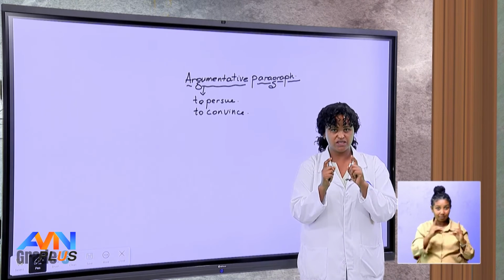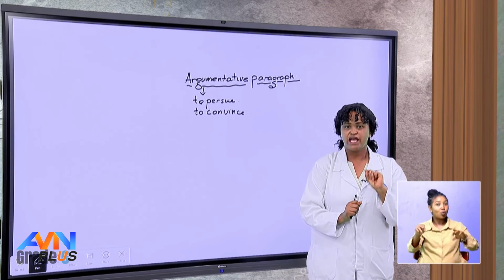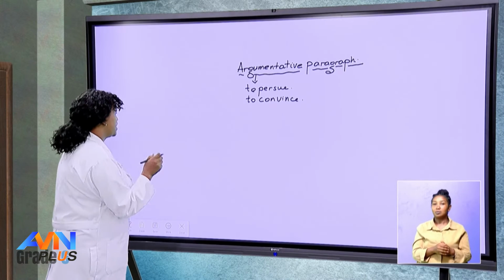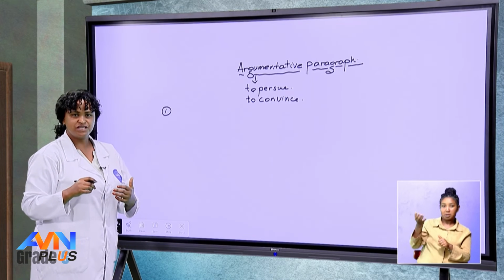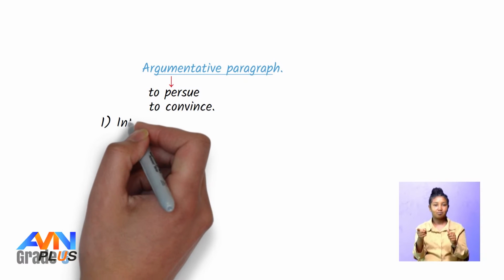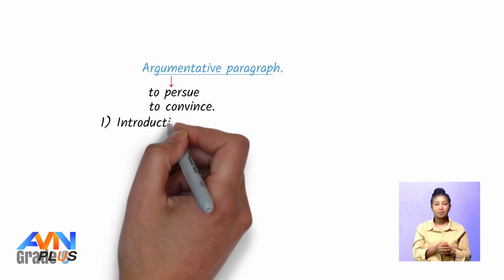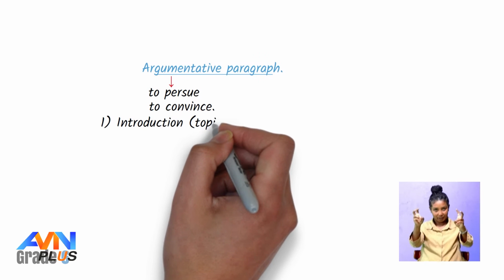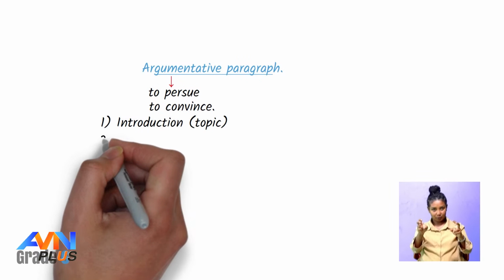So when we talk about argumentative paragraph, there are some points that we need to have. In our paragraph, listen, we need to have these parts. The first one, just like the other paragraphs, argumentative paragraph, it has what? In the paragraph, you have introduction part, or something which can have the topic, all right? So within the topic, you will give what?